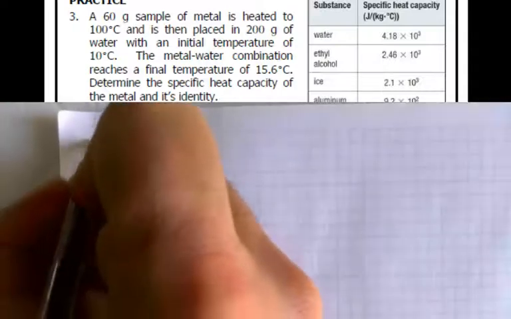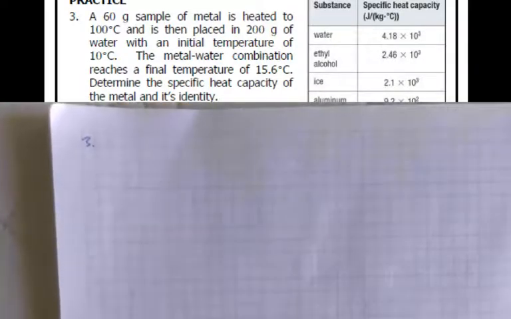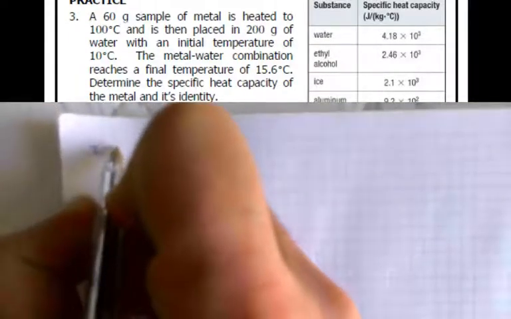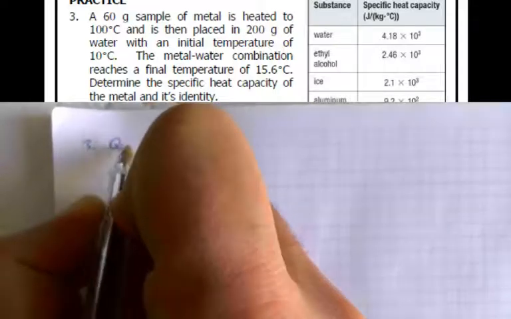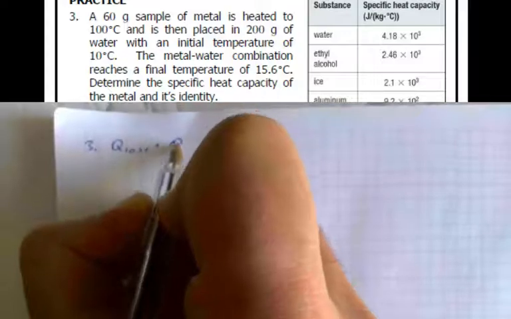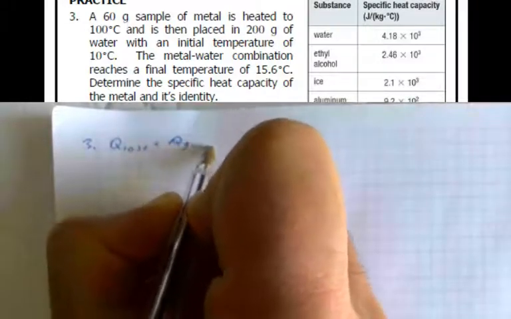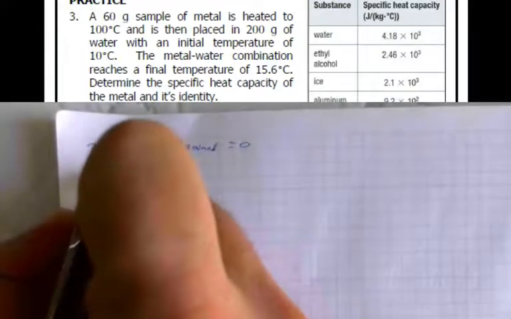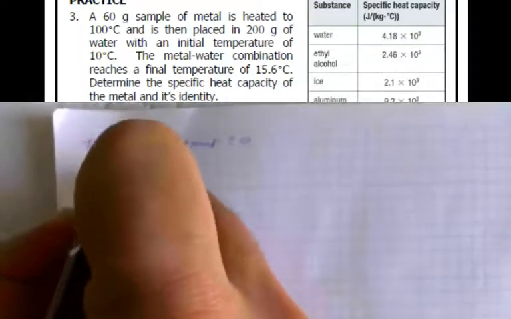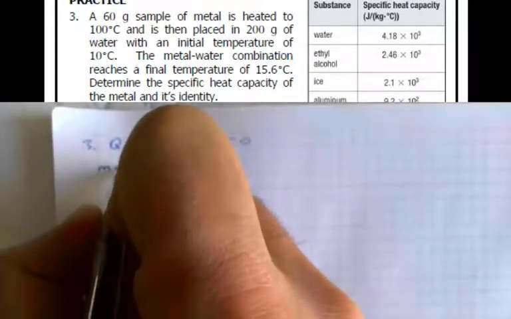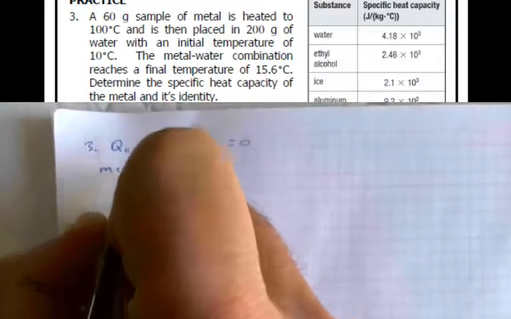We'll start with what is the energy lost and the energy gained. So let's first find our Q lost plus Q gained equals 0. And the Q lost is mc delta T. Well, we've got to put the subscripts in.